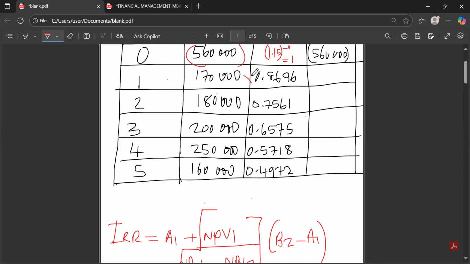So start multiplying this one to give us the last one. You have these ones there. So this one will give us what? The first one there is 147,832.